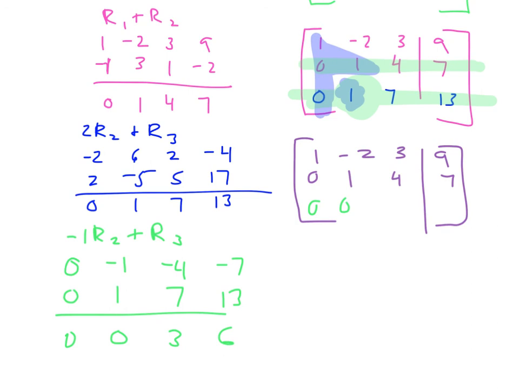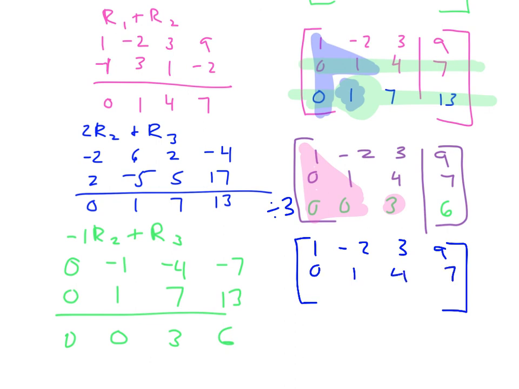So now we have 1s there, 0s below it, but we still need that 3 to be a 1. What can we do to the 3 to turn it into a 1? Divide by 3. So we want to divide the whole third row by 3. Everything else stays the same above it. We have 1, negative 2, 3, 9, 0, 1, 4, 7. We're dividing the third row by 3. So it's now 0, 0, 1, 2.